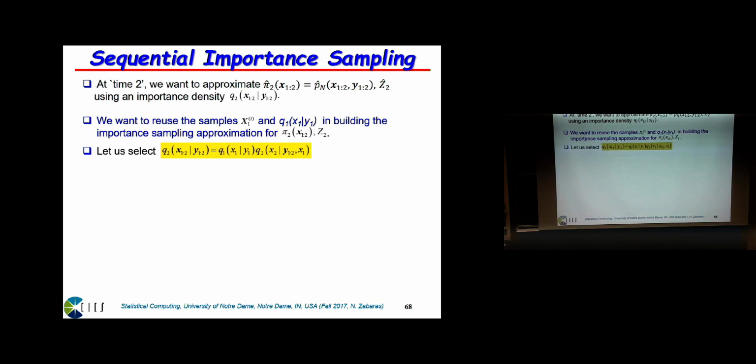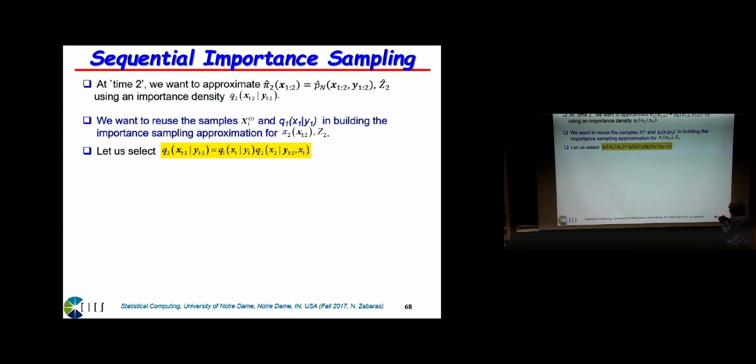Now what I need to do is go to time 2, and obviously I need to sample x1 and x2 from an importance sampling distribution that looks like this. I will restrict myself here so we can make life easy. How about if the importance sampling distribution has the form that you see on that yellow line? It says, if you want to sample x2 now, once you have sampled x1, given y1, you sample only x2, given x1, from this proposal distribution that you see on the second term.